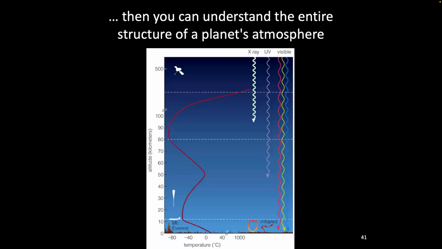Okay, so now this will allow us to understand the thermal structure of the atmosphere. So at the very bottom, this is where we live. Okay, as we go up in altitude, different types of light don't get absorbed, right? So up here is where the satellites live. This is where Mount Everest is.